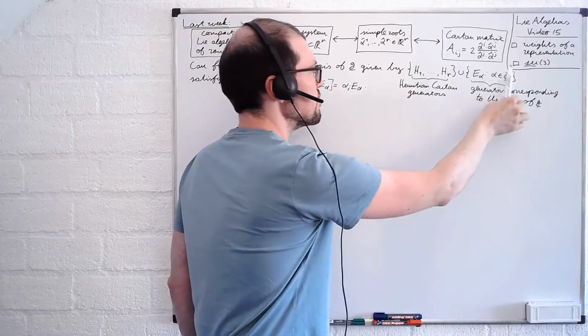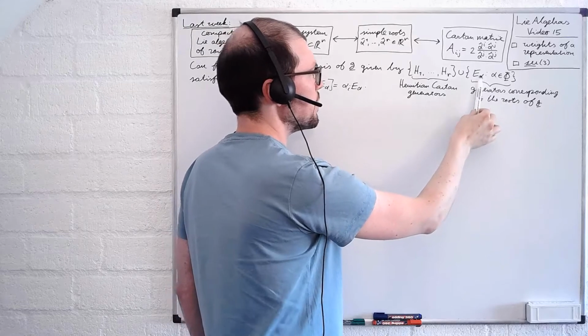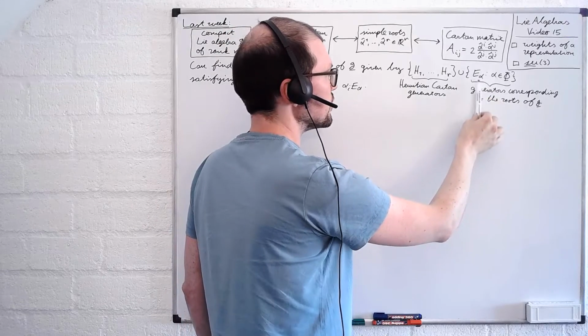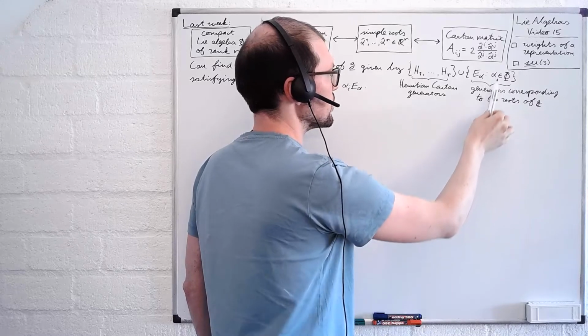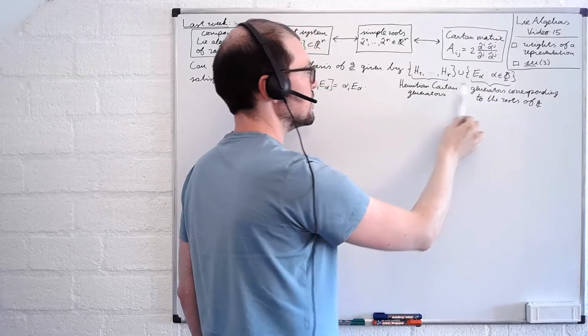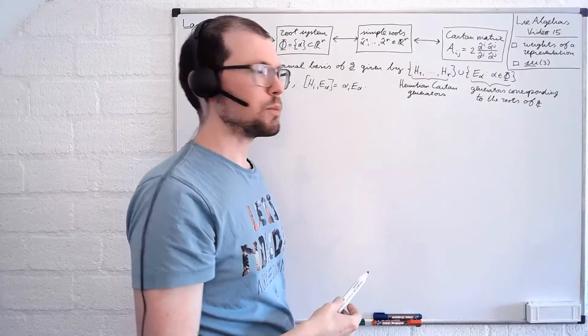And then the remaining vectors in this Lie algebra take the form of these vectors indexed by the roots of the Lie algebra. And the roots are exactly the eigenvalues of the Hermitian generators in the adjoint representation.